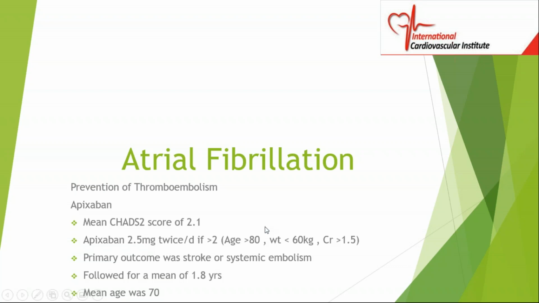So this is very important to remember. Older patients greater than 80, weight less than 60 kilograms, and creatinine greater than 1.5. Any two of these three, then you have to reduce the dose, because remember, the regular dose is 5 milligrams twice per day.